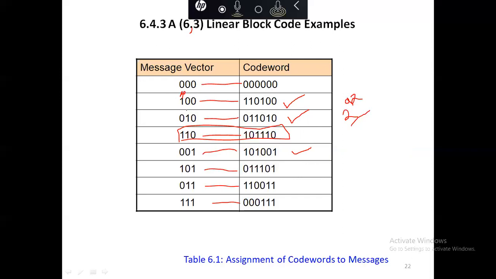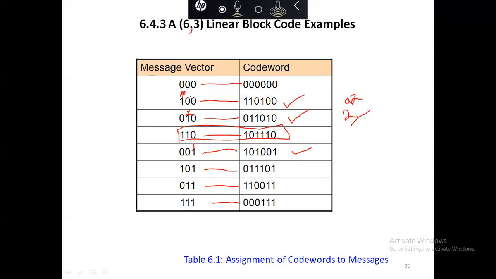Then you have 2, which is the second message bit, and then you have 1, which is the first message bit. So these 3 message bits are important, and the corresponding code words are selected in the generator matrix. All others are combinations of these.